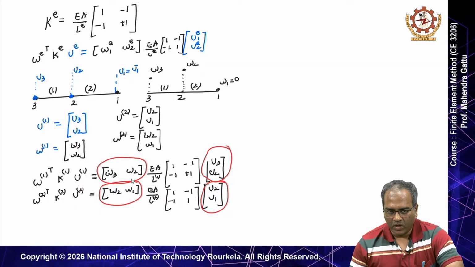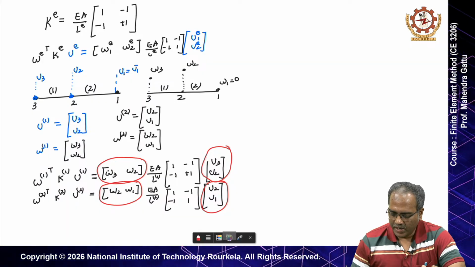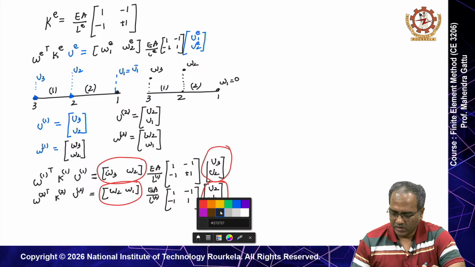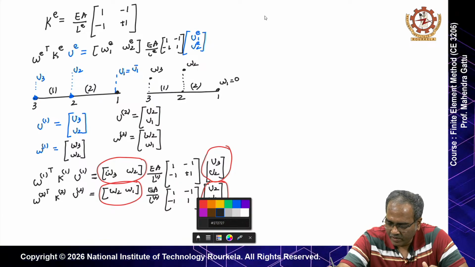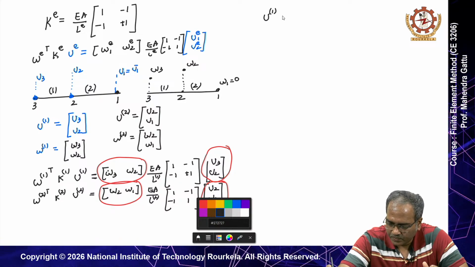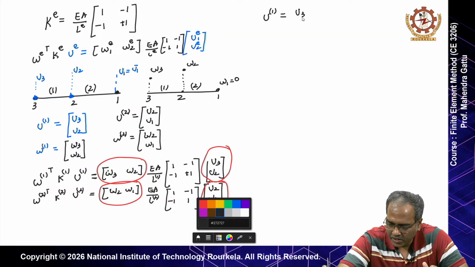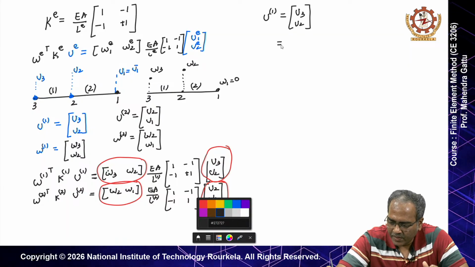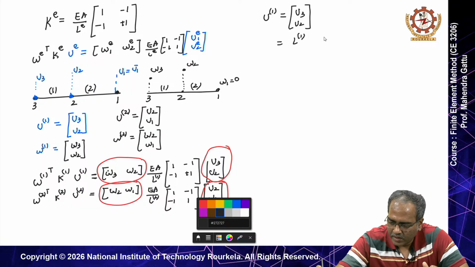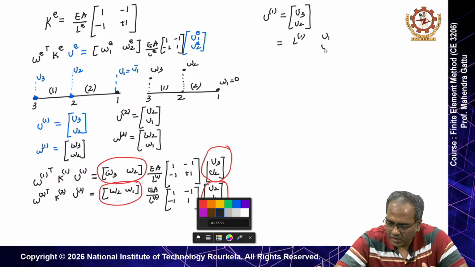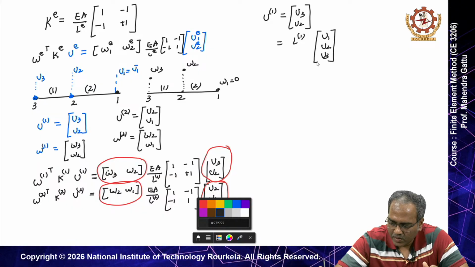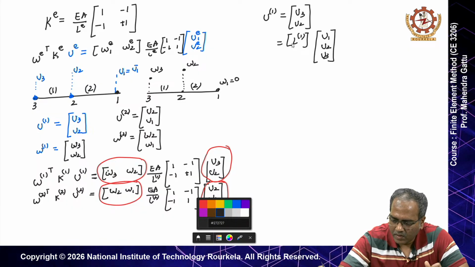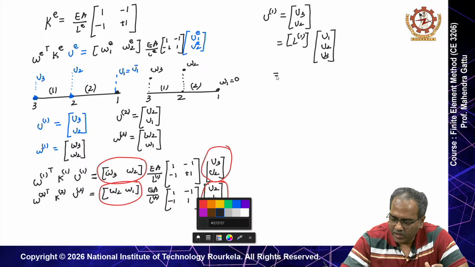So, what I will do is relate that using the scatter matrices. Okay. So, we have our u1 which is U3, U2, and then I will introduce the scatter matrix L1 times U1, U2, U3. Okay. So, what will be the scatter matrix?